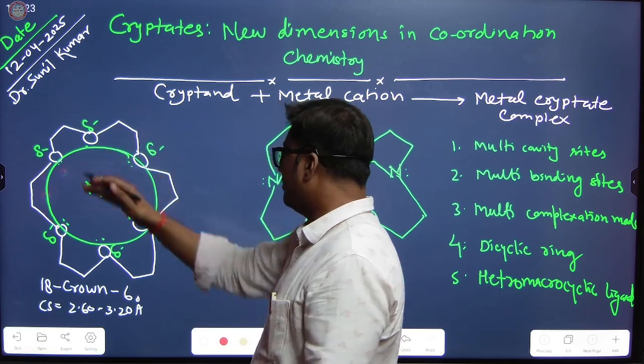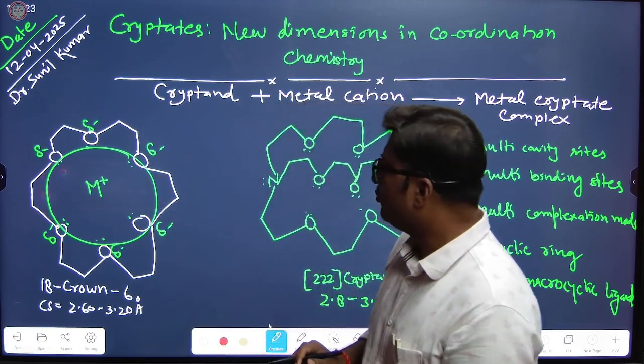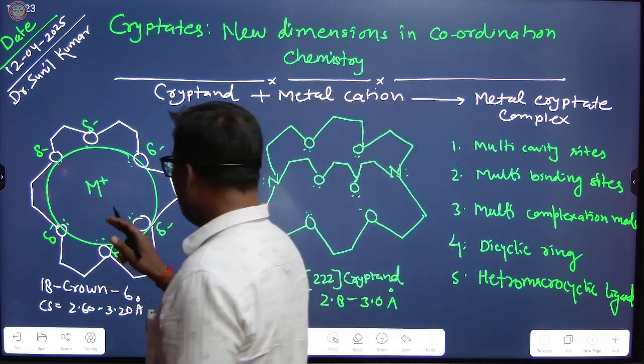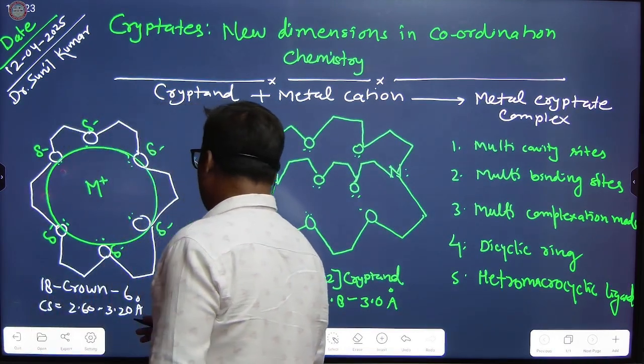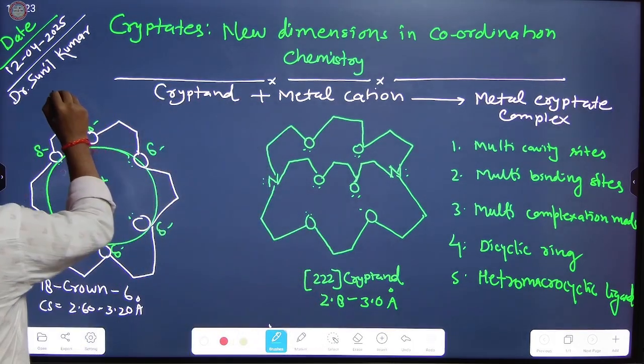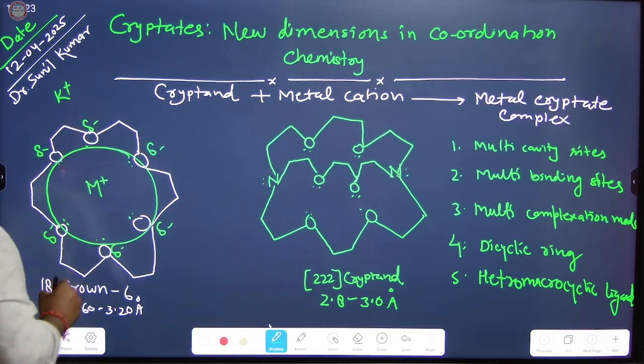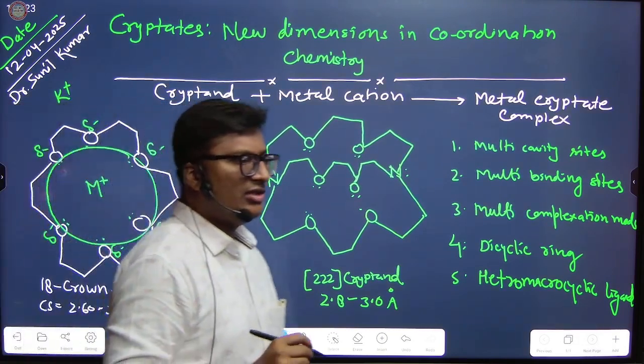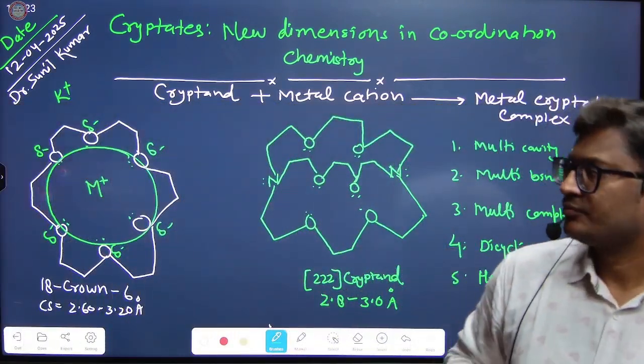this ring structure. So suppose we have a metal cation like potassium, right? Potassium ion K plus, in the form of potassium chloride.